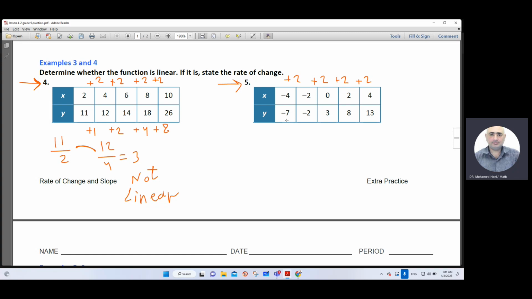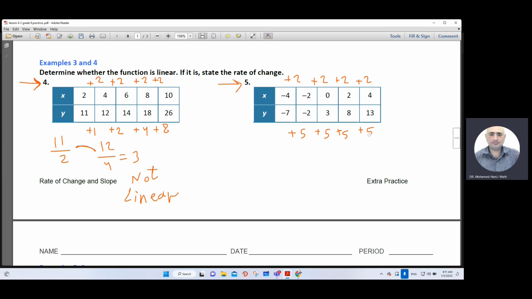Now down, -7, -2 means plus 5. -2 to 3 means plus 5. 3 to 8, plus 5. 8 to 13, plus 5.